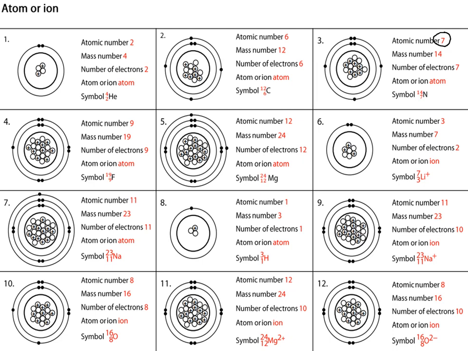So the mass number is protons plus neutrons, which gives you the mass. The number of electrons are out the side. It's 2 on the first shell, and 2, 3, 4, 5 on the outer shell. So 2 and 5 is 7. So 7 electrons, and this is an atom because there are 7 positives and 7 negatives. So we've got an atom.